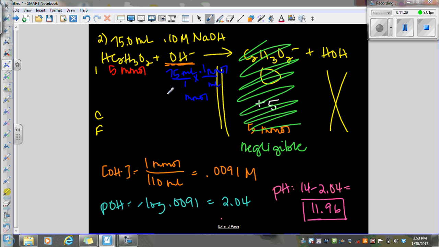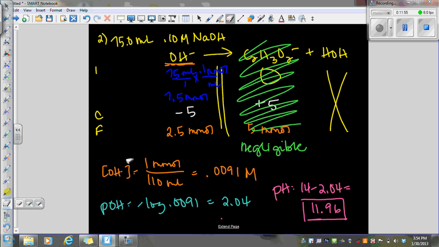So 75 times 0.1 is 7.5. So if we look, the acetic acid is limiting. Reactant side goes down by 5. Product side goes up by 5. We have no acetic acid left, and we have 2.5 millimoles of strong base left. Acetic acid is gone, totally consumed by the strong base added.